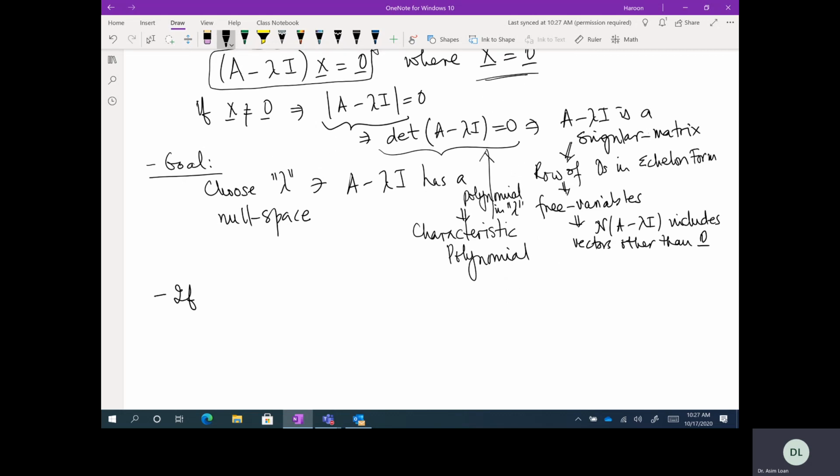So let me write this again. When A minus lambda I is singular, it implies that the dimension of the null space of A minus lambda I is greater than 0, and greater than 0 means we'll have free variables, at least one free variable.